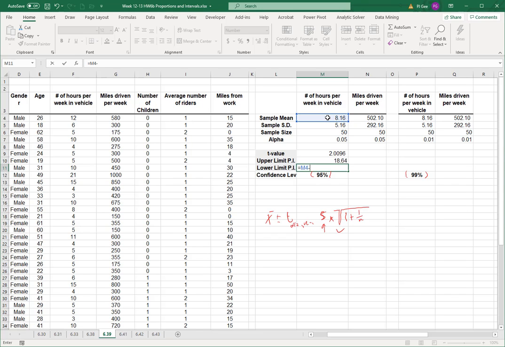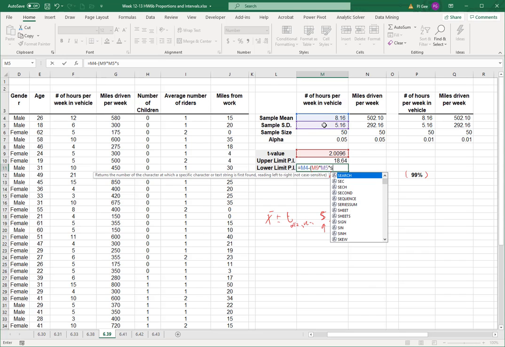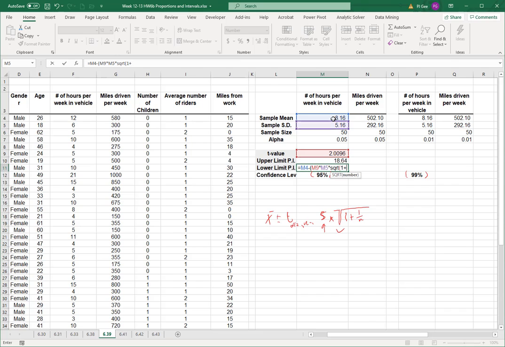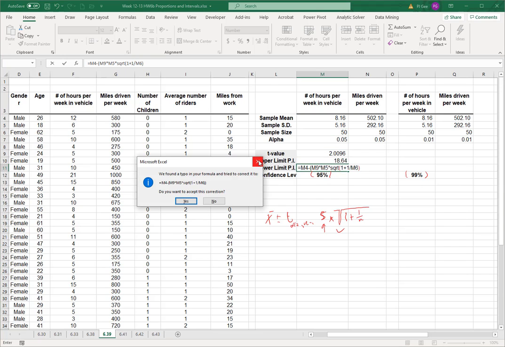Sample mean minus, and we're going to put that same function in there again. And I love typing all this out. So it's going to be this times the sample times the square root of 1 plus 1 over. Make sure you get the 1 over and close that out. Hang on a second, it doesn't like that.